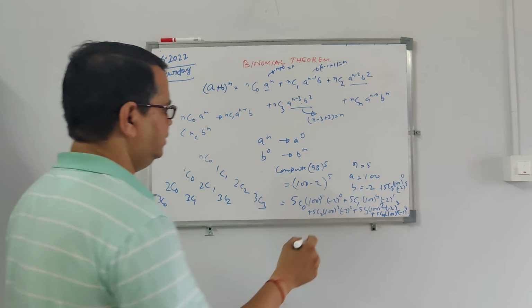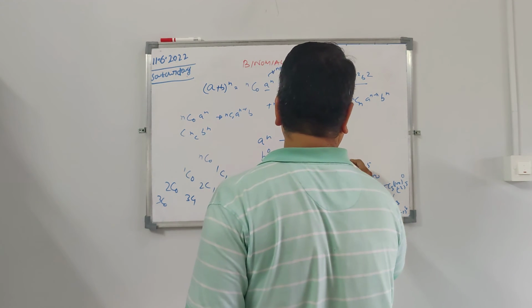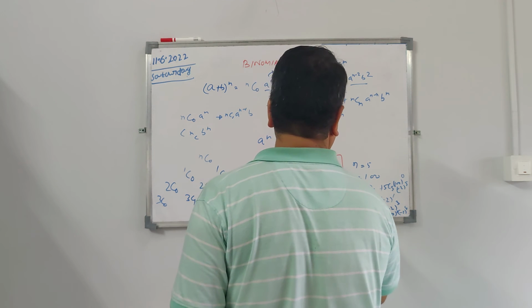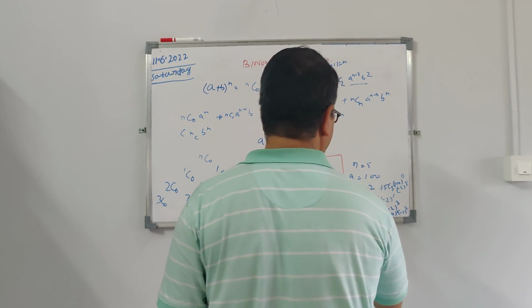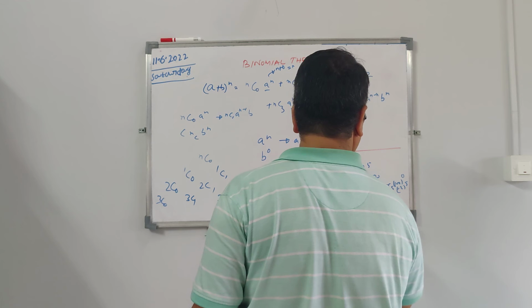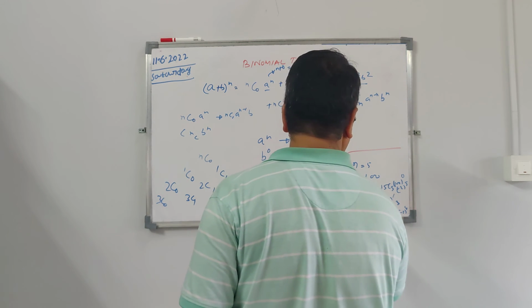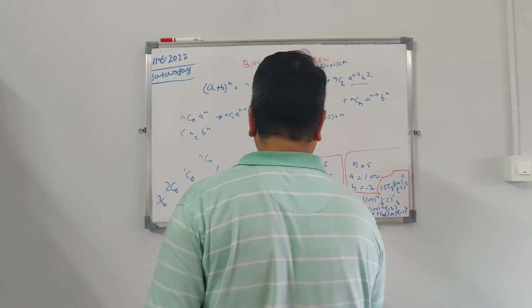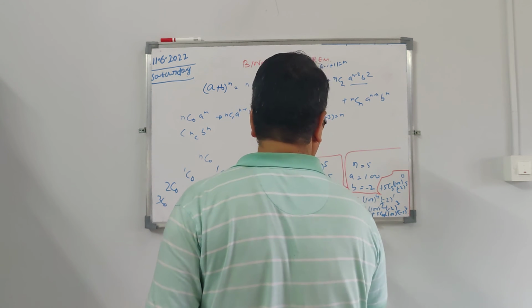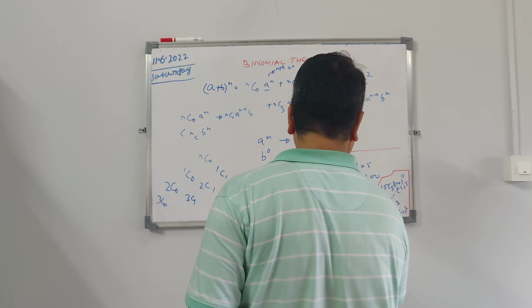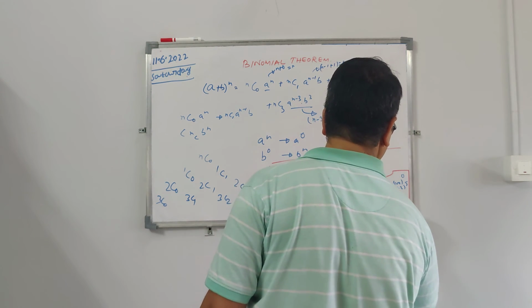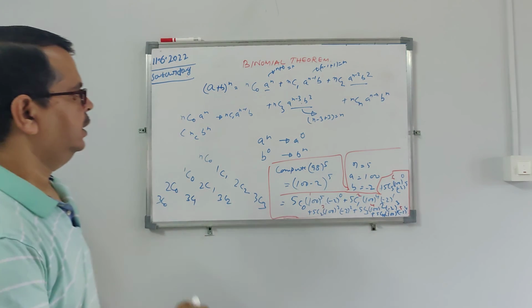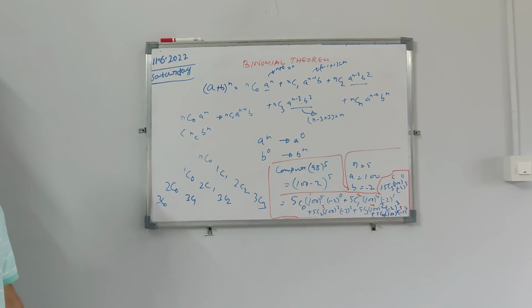It is such an important theorem, and you can now see its utility. So I have term 1, 2, 3, 4, 5, and there are 6 terms. In (a plus b) to the power n, you will have n plus 1 terms.